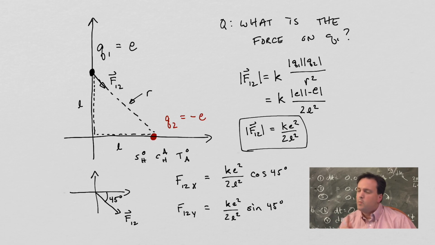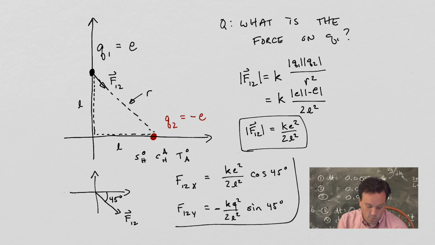And at this point you should say, but wait a second, these two things aren't completely right, because in my coordinate system I can see that my vector is pointing to the right, which means it should have a positive x component, but it's also pointing down, which means it should have a negative y component. And so this problem is not correct unless I've made sure that the y component that I've written down has a negative sign. And once I've done that, I've unambiguously answered the question of what is the force on Q1 due to Q2.